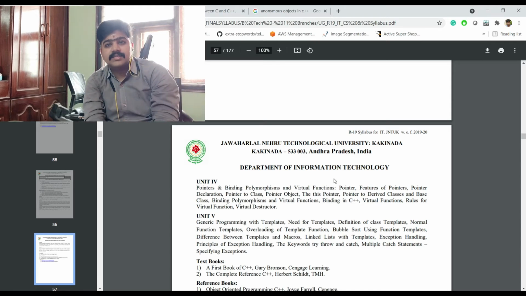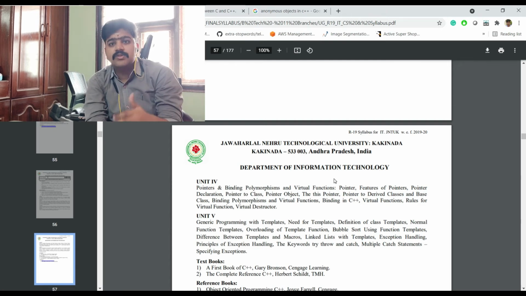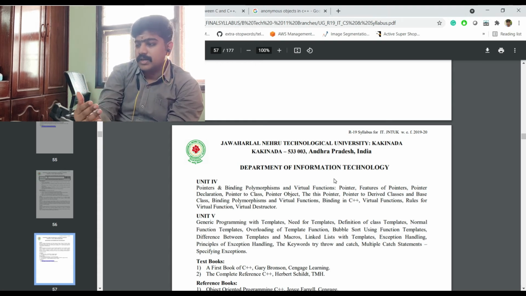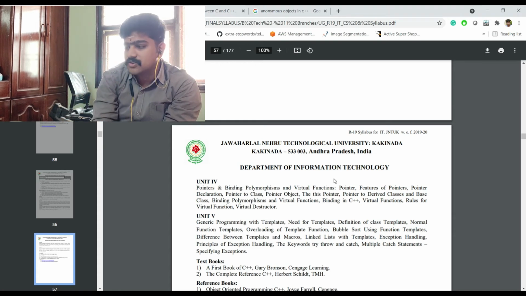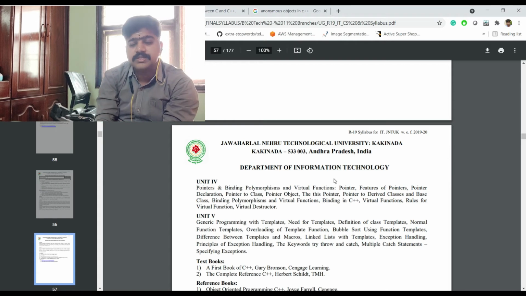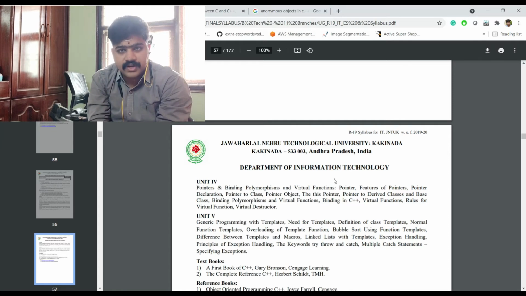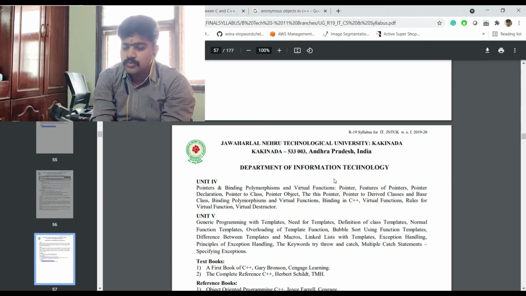So how a base class can communicate with the derived class in the form of pointers, how properties are shared from the parent class to the child class using inheritance concepts, and in pointer variables, how encapsulation can be done, how polymorphism can be done, how virtual functions can be operated using pointers. Virtual functions means they are not physically present to view. Virtual means which is not physical.